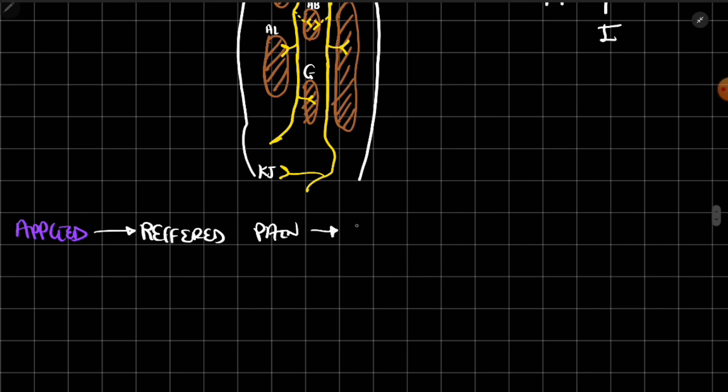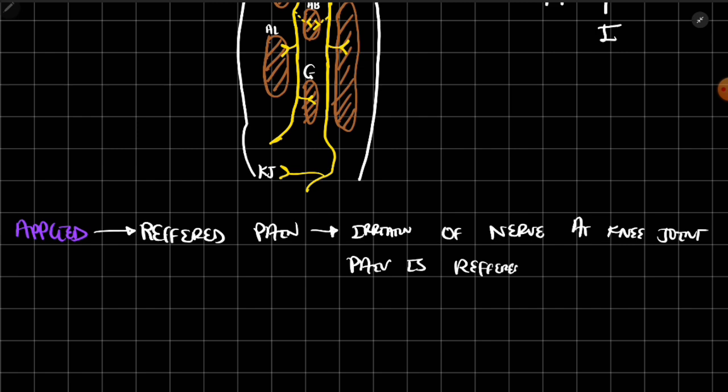Because of irritation of the obturator nerve at the knee joint, pain is sometimes referred to the hip joint due to the common nerve supply. So this was all about the medial compartment.